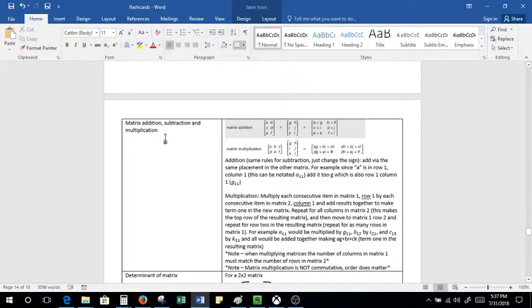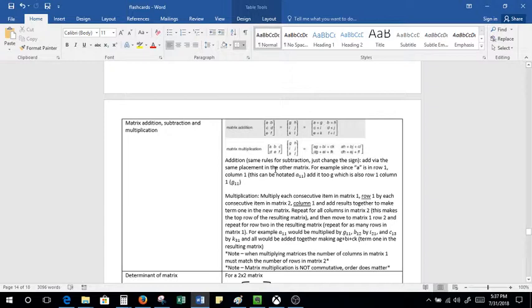So let's go over matrix addition, subtraction, and multiplication. For matrix addition, it's pretty self-explanatory, and the same rule is applied for subtraction. You just change the sign here. But wherever the placeholder is in the first matrix, that's where you're adding or subtracting in the second one. So A is in row 1, column 1, G is in row 1, column 1, so those two get added together in the result, and so forth.